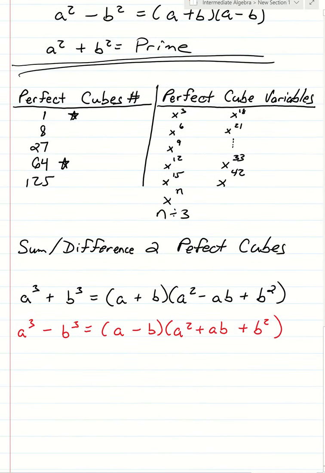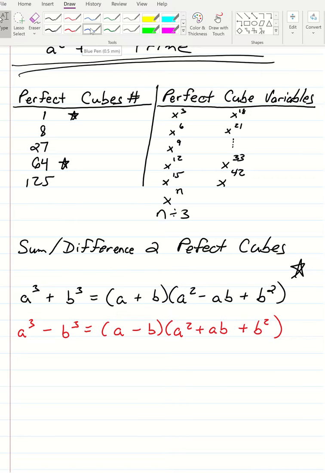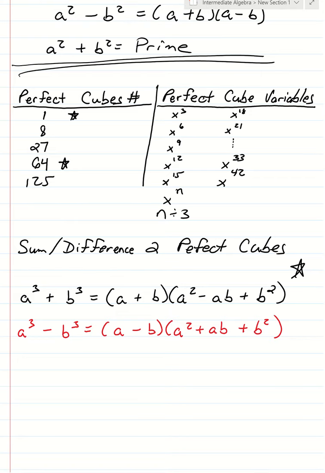So, whether we have the sum or difference of 2 perfect cubes, these are the formulas that we're going to follow. Now, you'll notice there's a lot of similarities to these 2 formulas. The one thing that is different are the signs. And to help you with the signs, I'm going to suggest that you might want to remember the word soap.